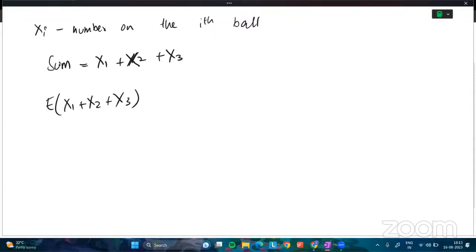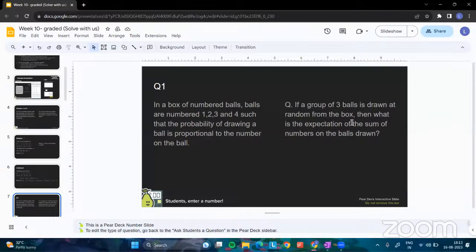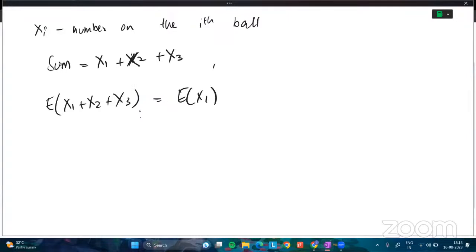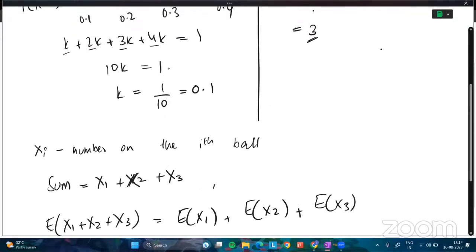And now we also know that these are independent, because it's said so in the question. So because these are independent, we can use the linearity property of expectation, and we already found the expectation of x1, which is 3.